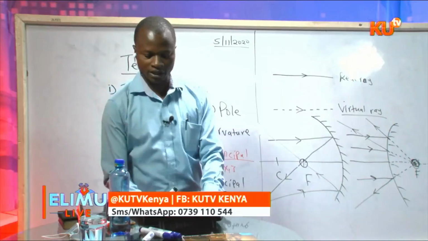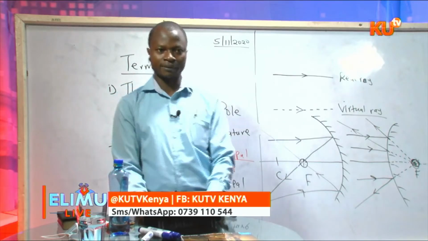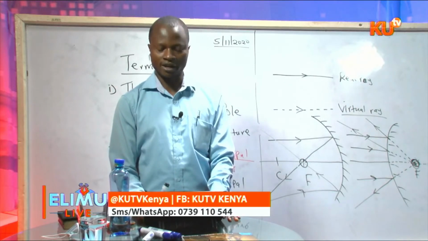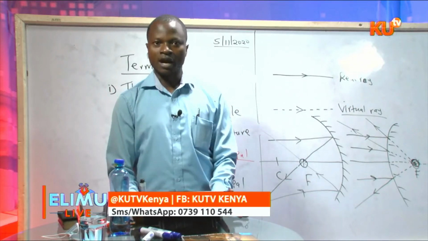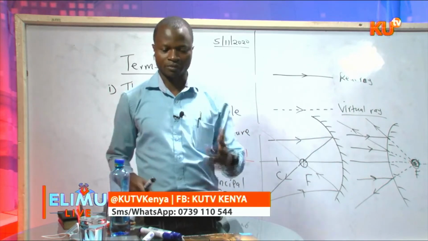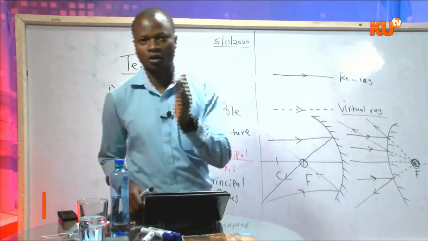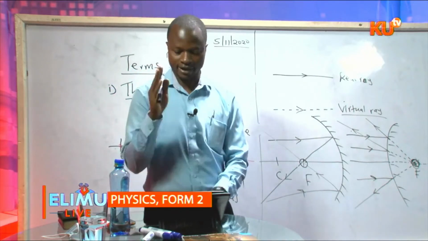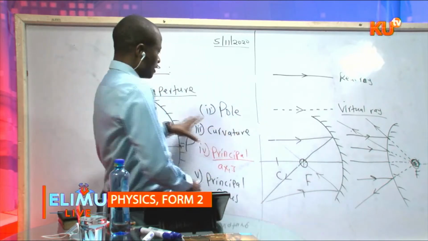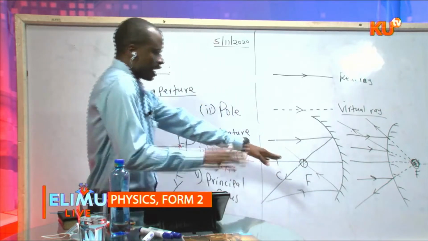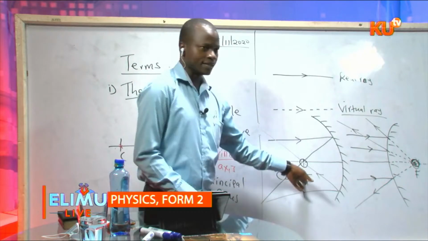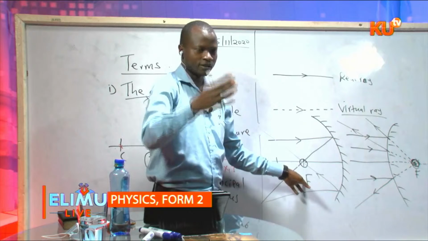Because when we asked students to define the principal focus and they define it generally, you will miss a point. So you have to be specific. Are you talking about a convex mirror or a concave mirror in that particular case? So get that clearly. For the concave mirror, you can add another point that F is real because it is in front of the mirror.